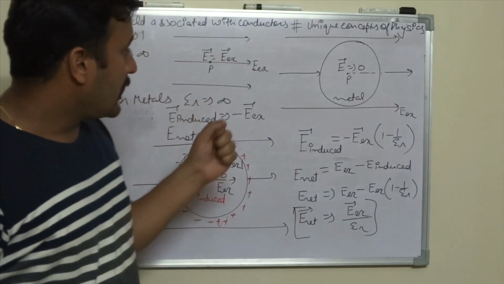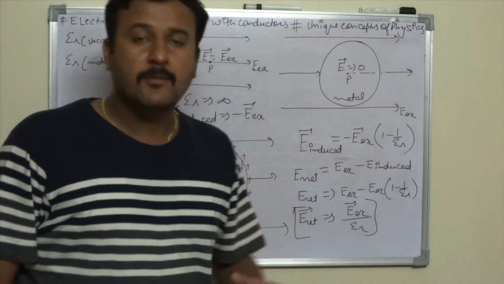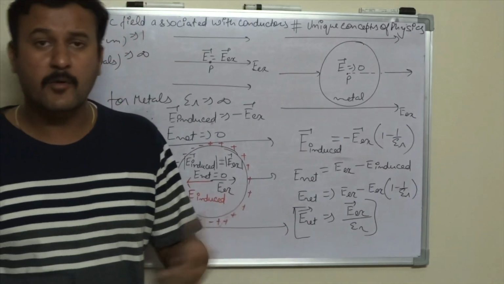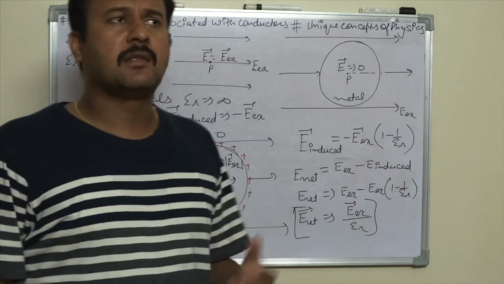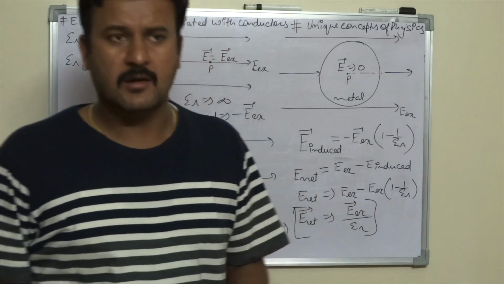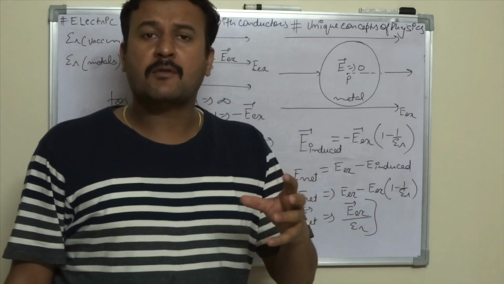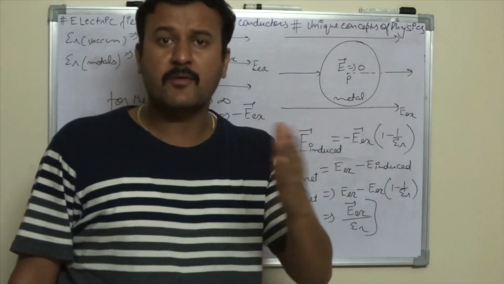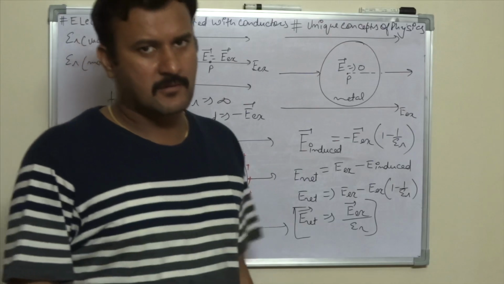First of all, I would like to tell you that whenever we apply an electric field on any medium, either that medium is conducting or non-conducting, some electric field is induced in that medium due to movement and polarization of charges.